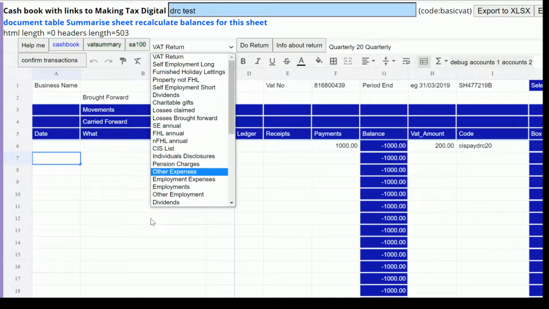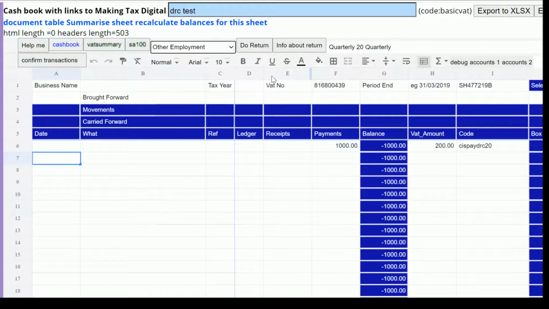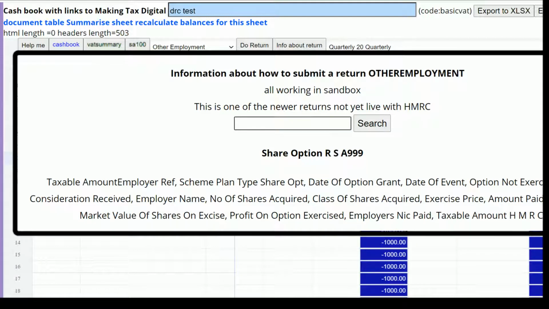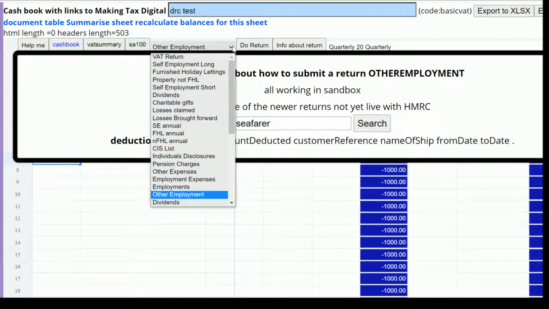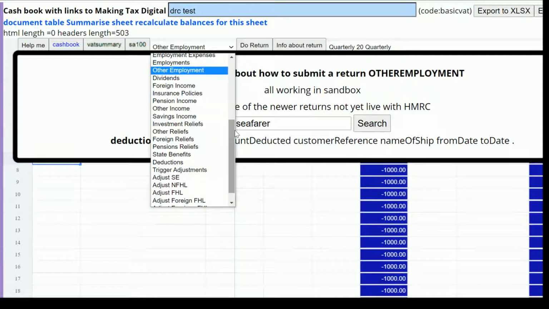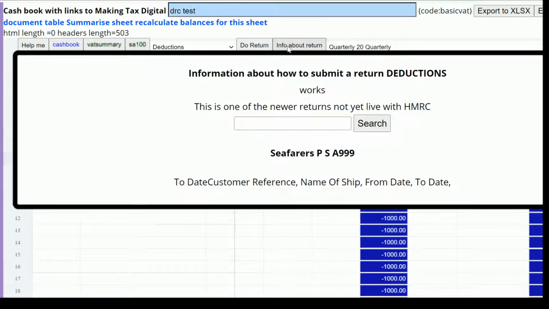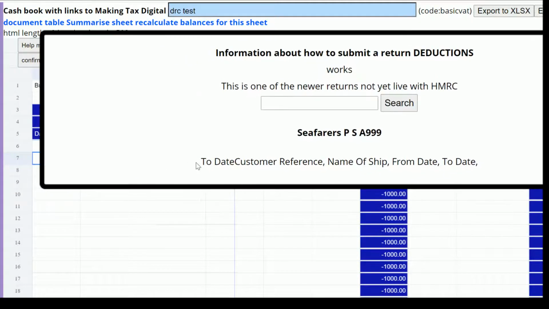Now, what we have additionally is a system for finding out which submission you send particular pieces of information in. So, for instance, if you are a seafarer, you find that the deductions submission is the one to use. And so if we go down and look at deductions and find out what's in the deductions submission, we find it's the customer reference, name of ship, and the from date and to date.